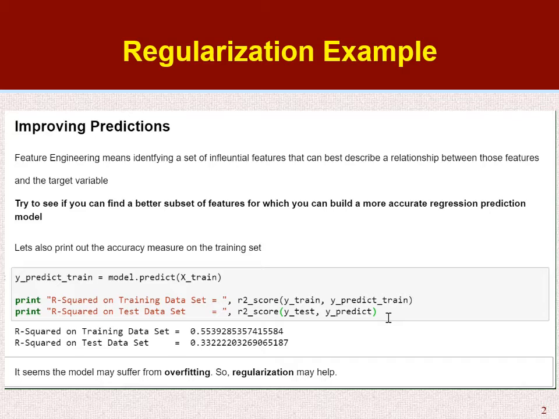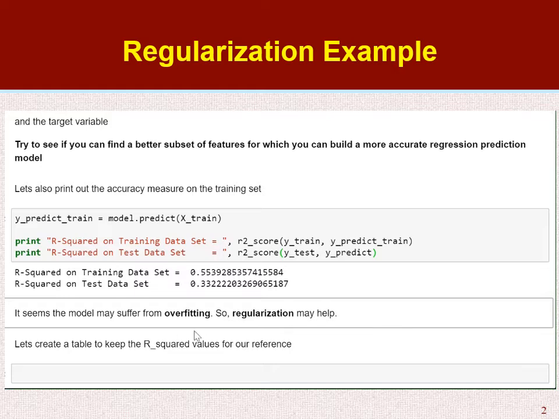So it seems that the model is doing a noticeable amount better than it does on the testing dataset. So we might actually have an overfitting problem. That's a hint. We can possibly work with regularization to improve the model.